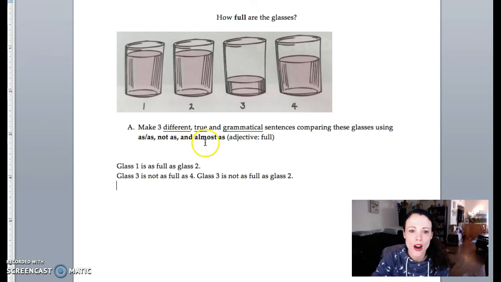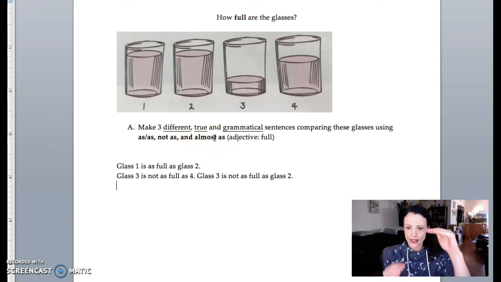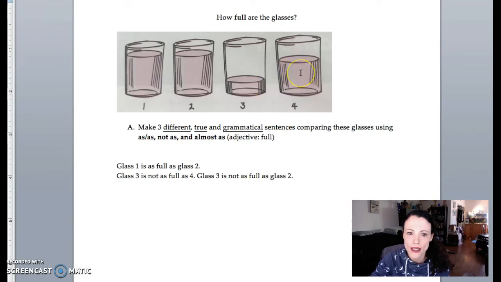Then we have "almost as." So "not as" is less, "almost as" is a little bit less. So which glass is a little bit less? Number 4, right? Compared to number 1 or number 2. So we would say glass 4 is almost as full as glass 1.